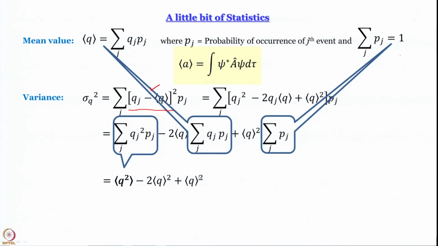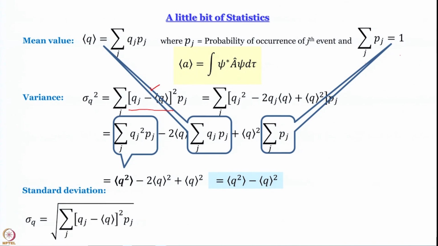So, this reduces to a very simple expression, difference between the mean of squares and square of means, that is variance. Standard deviation is the square root of variance. So, that then turns out to be square root of mean of q square minus square of mean value of q.